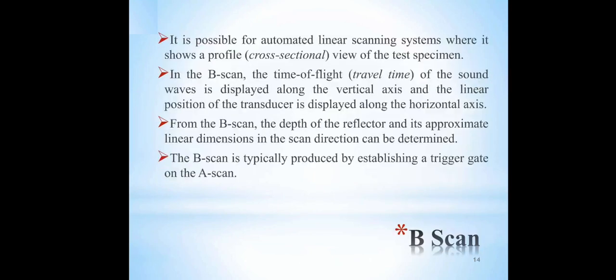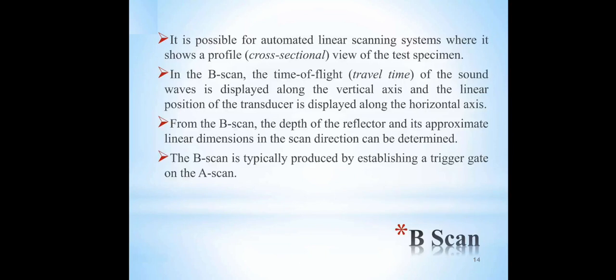B scan. It is possible for an automated linear scanning system to show a profile cross-sectional view of the test specimen. In the B scan, the time of flight, the travel time of the sound wave, is displayed along the vertical axis and the linear position of the transducer is displayed along the horizontal axis.